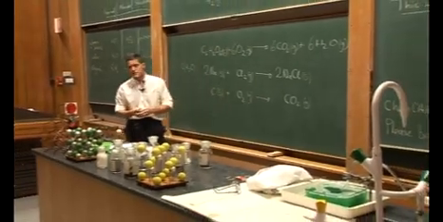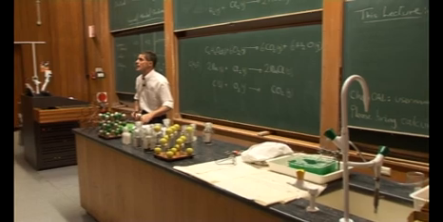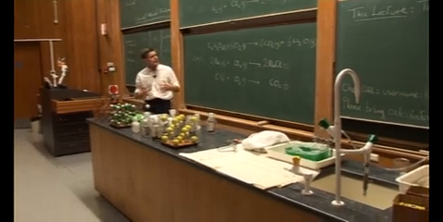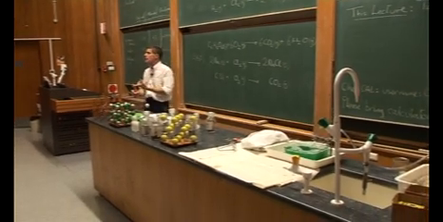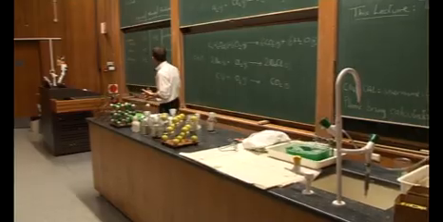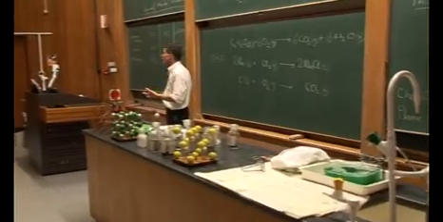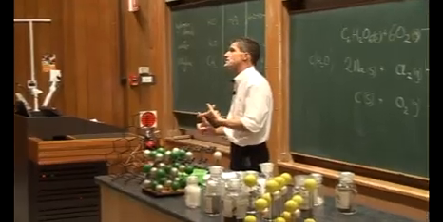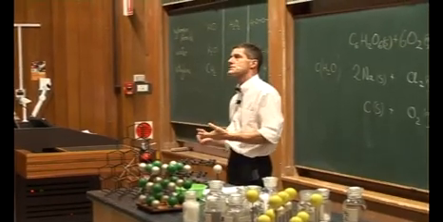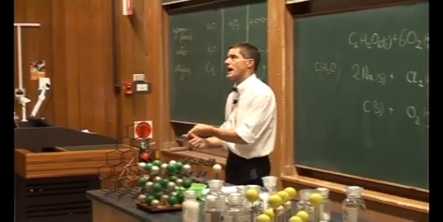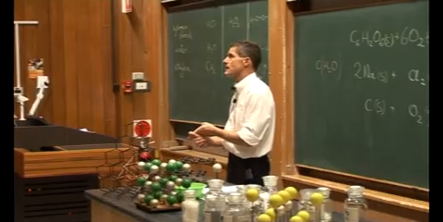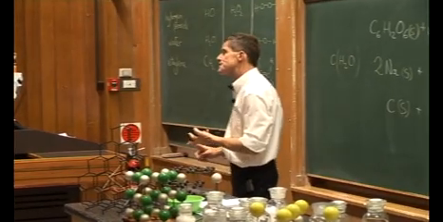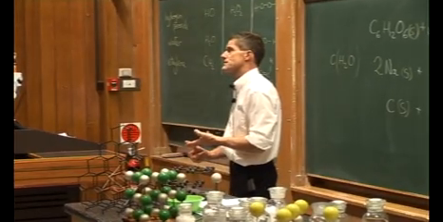Okay, so to summarize what we've looked at in this lecture, we've looked at types of formula. We've found that there's empirical formula, and they're used extensively to represent ionic compounds and most of the elements of the periodic table. They're not so useful when we deal with molecules.